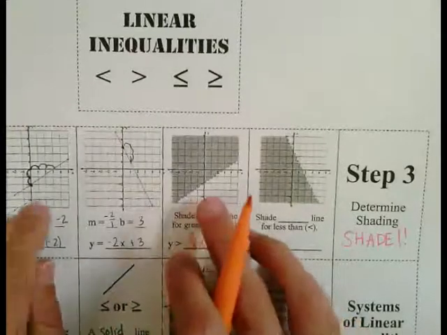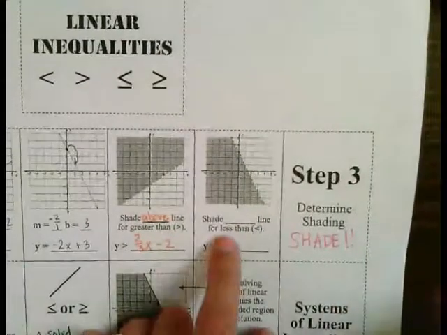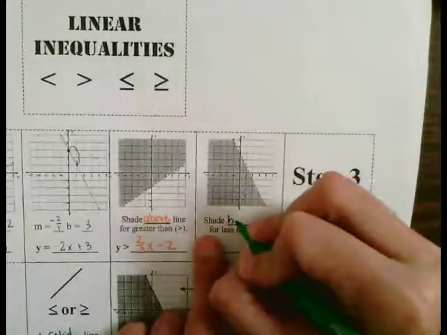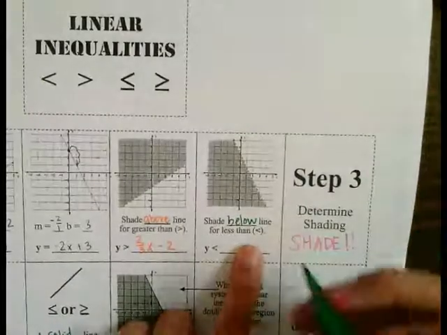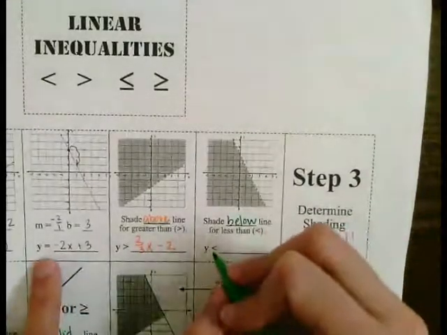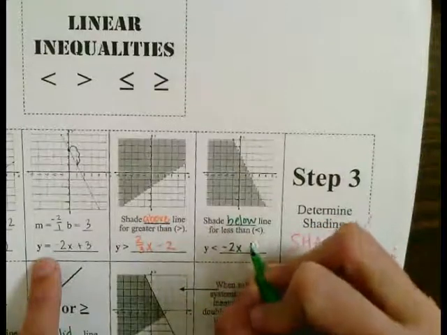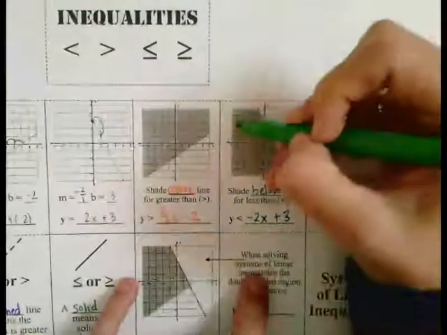You kind of see the difference in how the graphs look. On this one, it says to shade below the line for less than. So this one will be y is less than negative 2x plus 3.